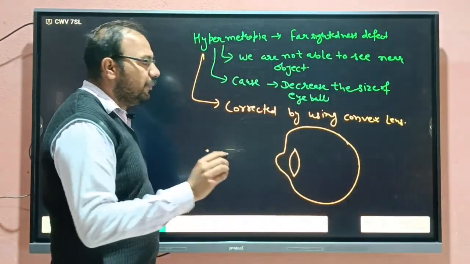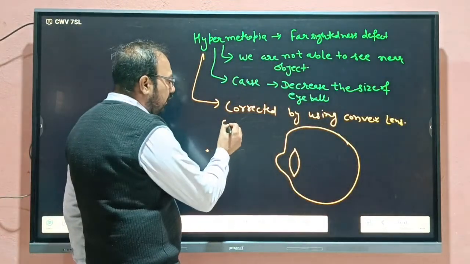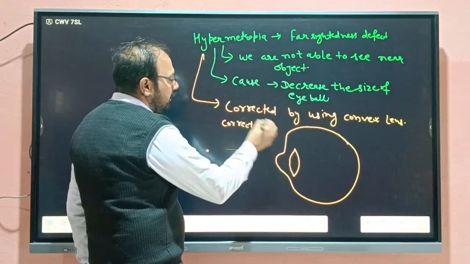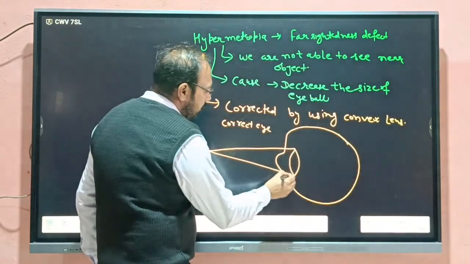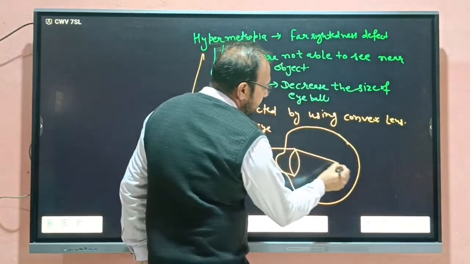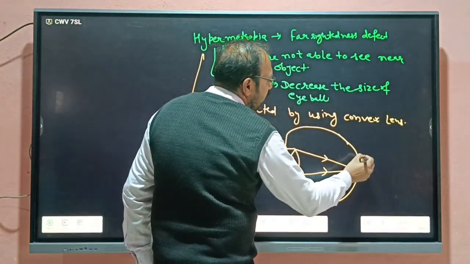For example, we make a diagram for the correct eye. Here the ray comes to the convex lens, and what happens? They are focused at the retina. So the image forms on the retina.